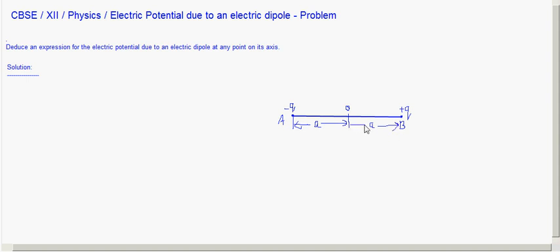Let us say we have to find the electric potential at any point on its axis. So we will take another point P, where we have to find the potential, on its axis.